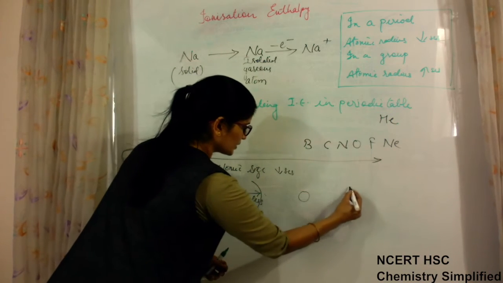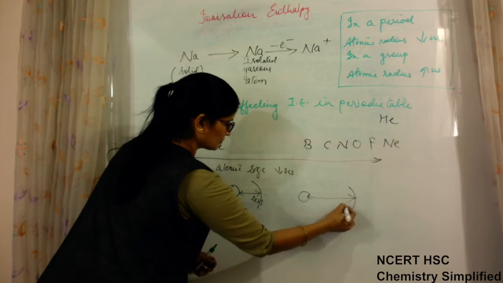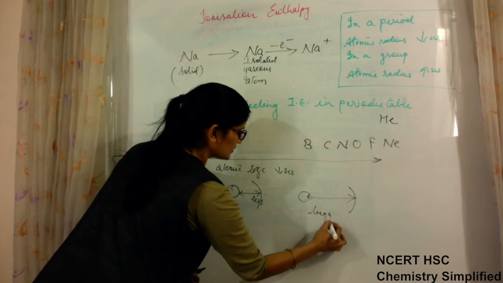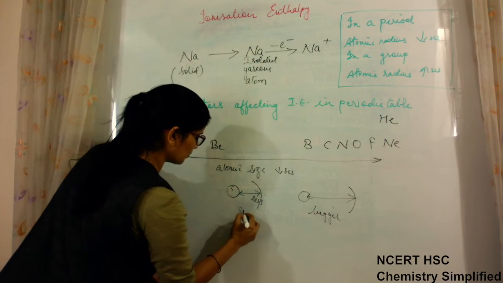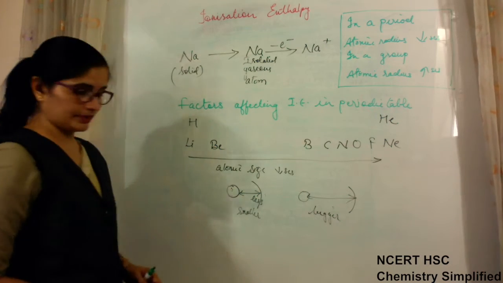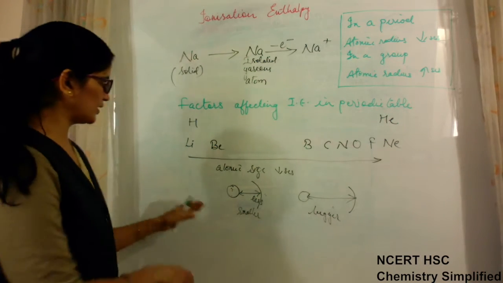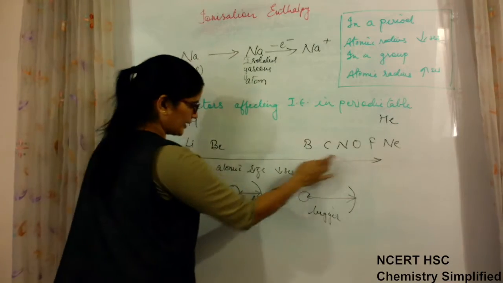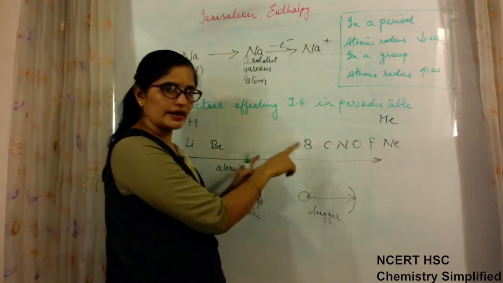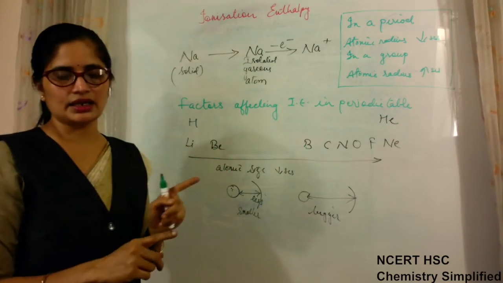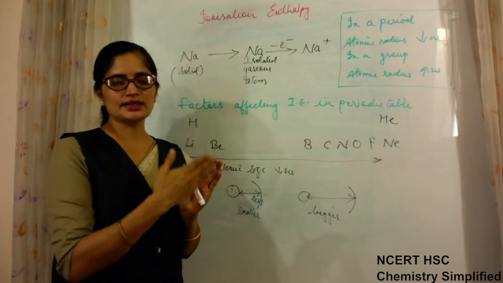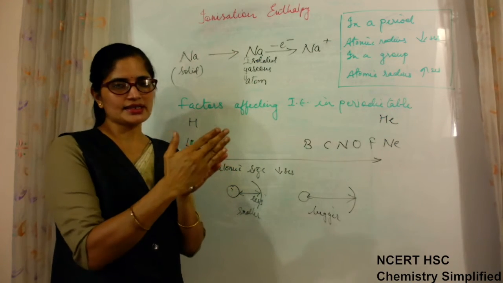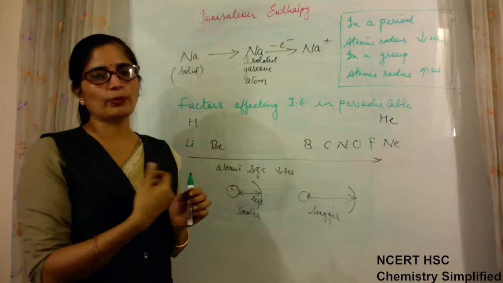Suppose this one is a bigger atom and this one is a smaller atom. Moving from left to right, the atomic size decreases. Why? We discussed yesterday: because electrons are added in the same shell, the size shrinks because of more pull.